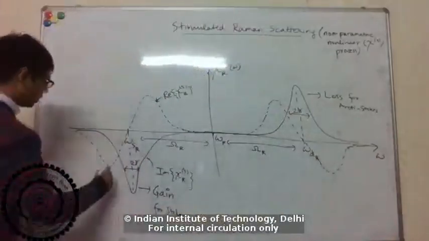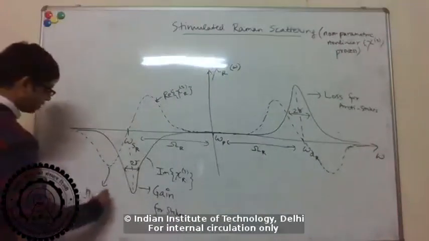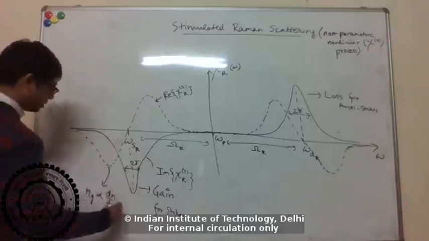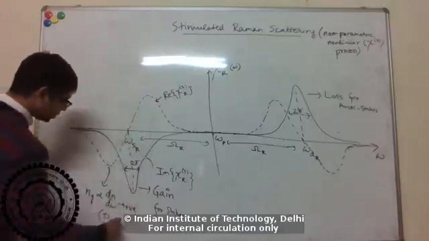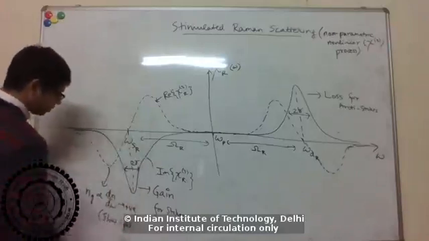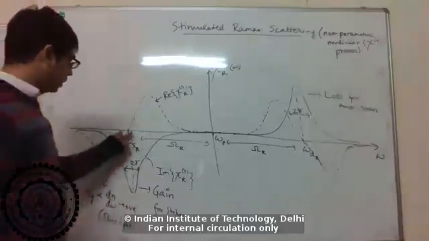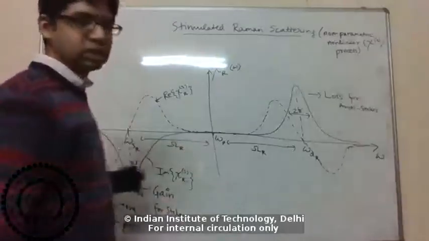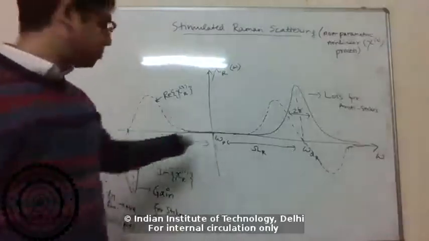So if you look at the group index, Ng, which goes as dn by d omega, that is positive for the Stokes. So this gives rise to slow light, which means the photons here travel slower than what they would without the pump, right?